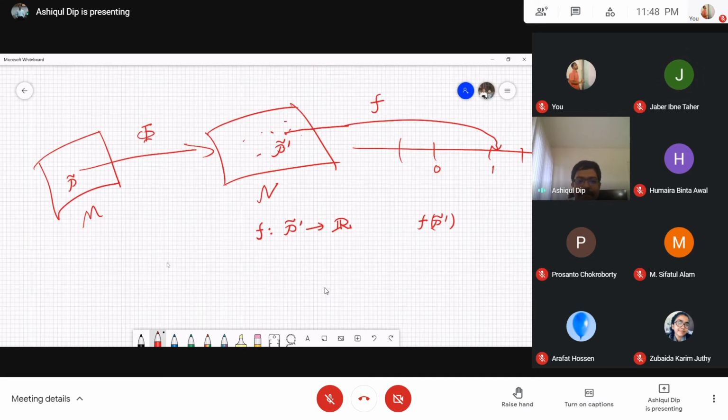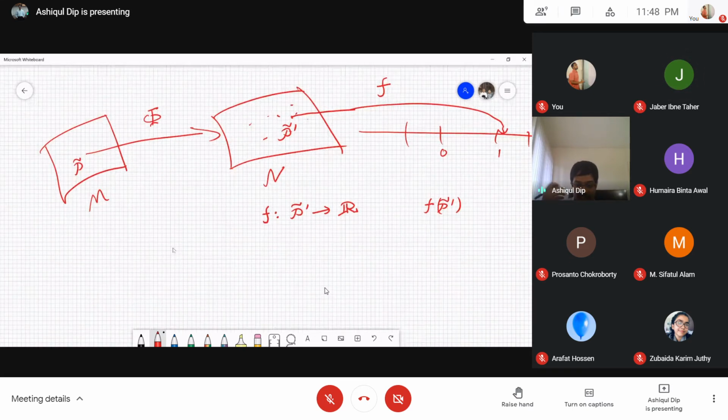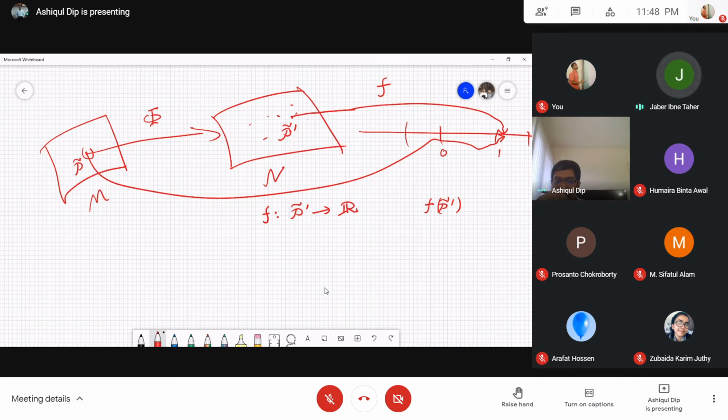Okay. So the question is, what is the map that connects P to P tilde prime to that point F of P tilde prime?